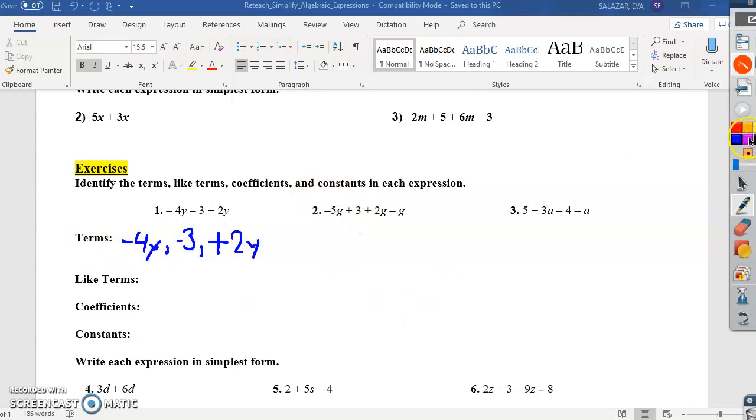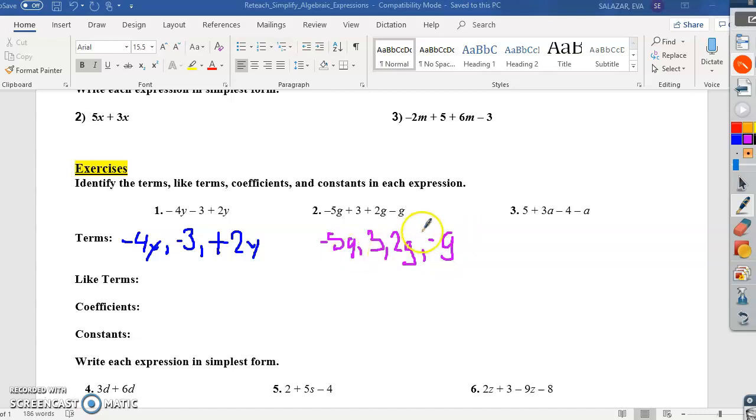For example 2, I have 4 terms. Negative 5g is 1. 3, that's my second term. 2g and negative g.